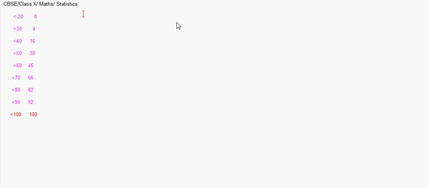There is nothing, less than 20 is 0, so I'm not writing it. It is between 20 to 30. Cumulative frequency is 4, and therefore the frequency is also 4.